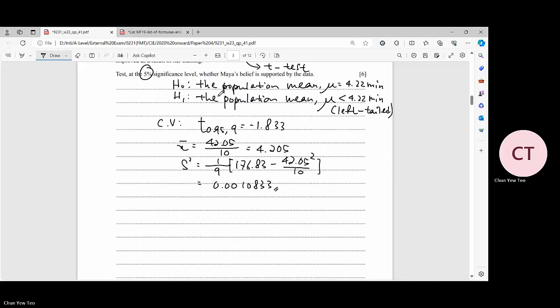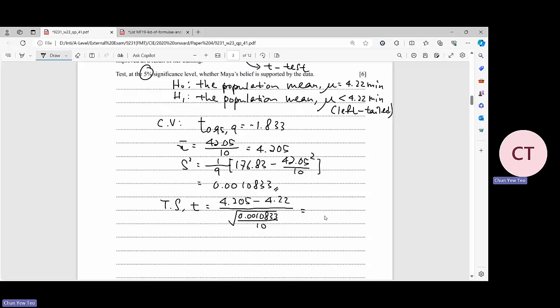Okay. So now we are ready to find the test statistic. The formula for the test statistic is the mean 4.205 minus the population mean 4.22, divided by the square root of s squared divided by 10.